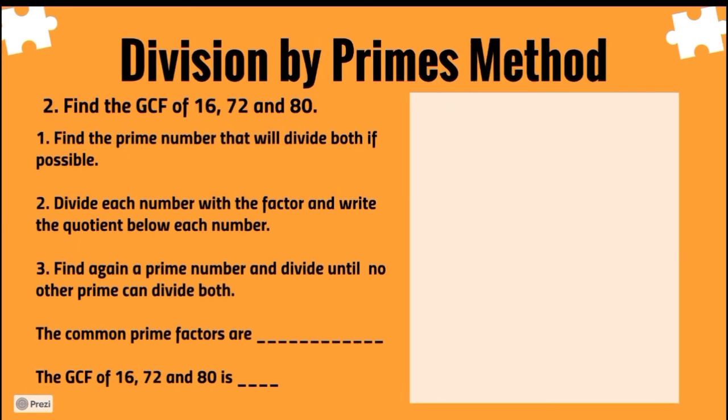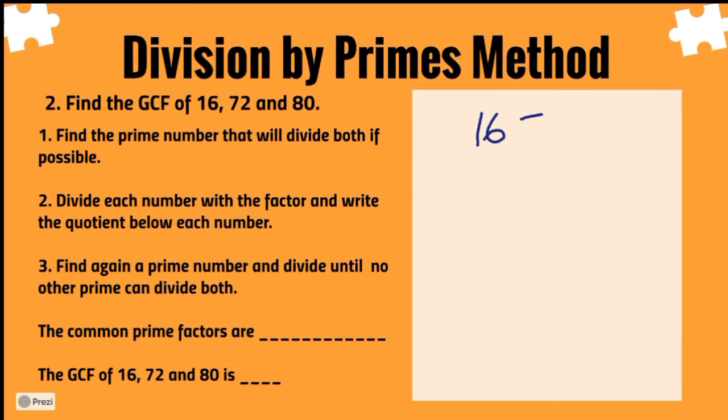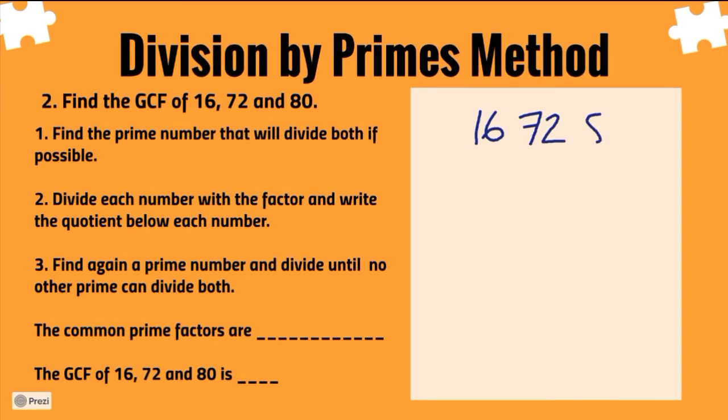Example number 2. Find the GCF of 16, 72, and 80. So, tatlo na yung given. So, again, find the prime number that will divide both if possible. So, we have 16, 72, and 80. So, divide each number with a factor and write the quotient below each number.